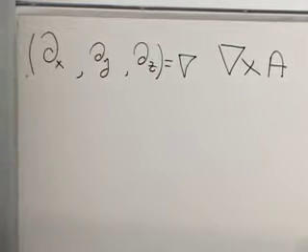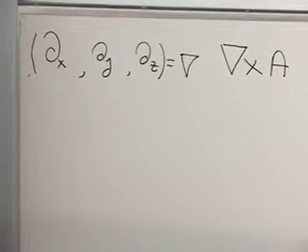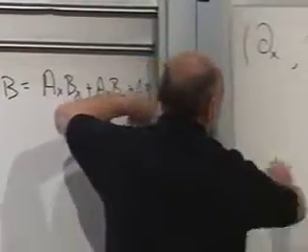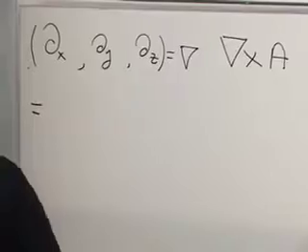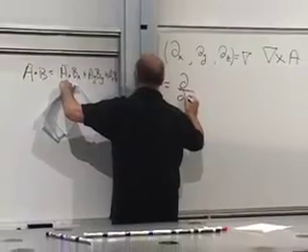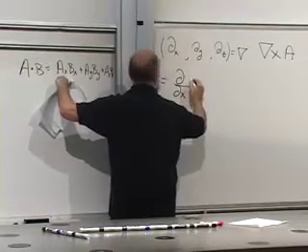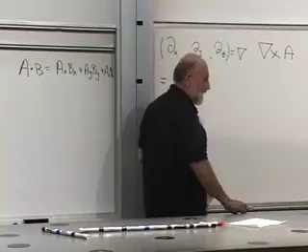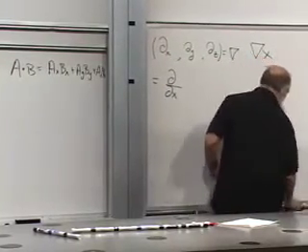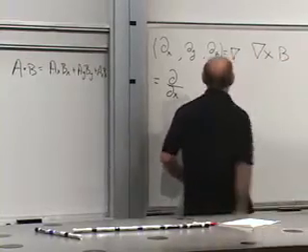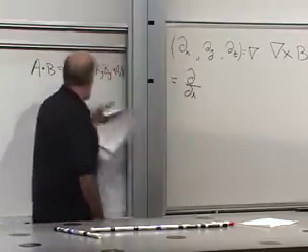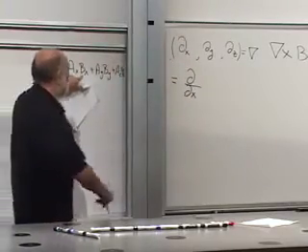Well, you just go back to this formula, and wherever you saw A, stick in either d by dx, d by dy, or d by dz. I should have called this B, shouldn't I? It would have made more sense if I had called this B. All right, so instead of A, we write the three components of the derivative. Wherever we see B, we just stick B.